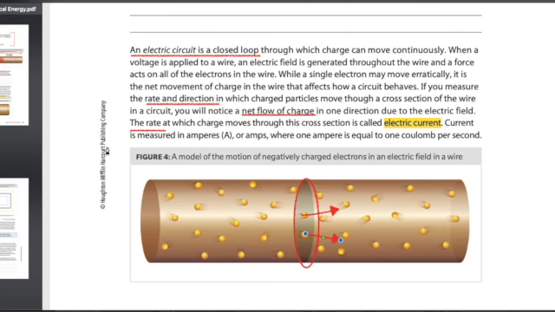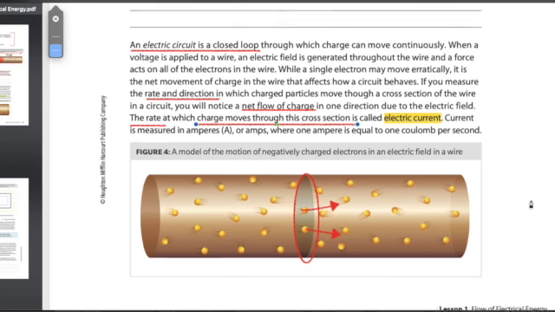So it looks to me, I'm just trying to get a sense of the average movement of the electrons. Maybe they're moving to the right. Anyway, the point is we're interested in the movement of a charge through a cross-section of a wire. 1 coulomb per second is 1 amp.